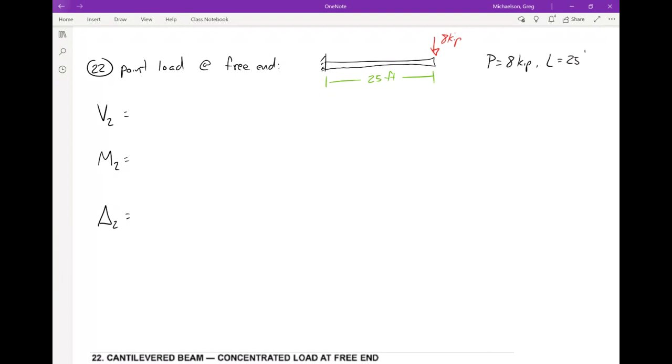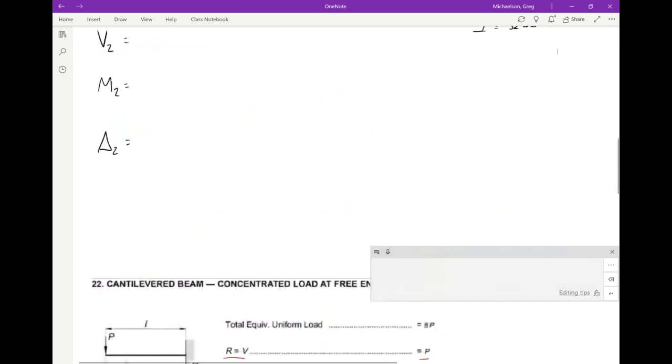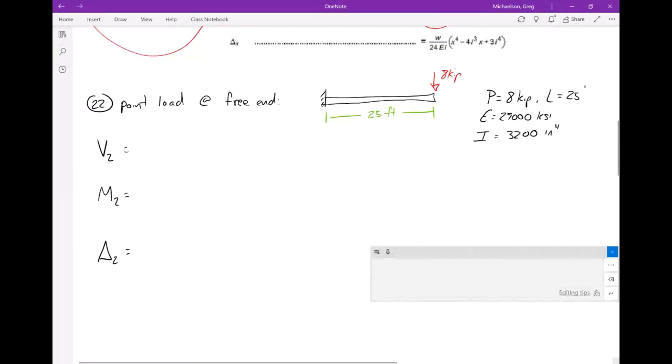L is 25 feet. And don't forget your E is 29,000 ksi. And then I is 3,200. I want to make sure I put the right values. Yep, I did. Sorry, the automatic keyboard keeps wanting to pop up. I'm probably going to have to change some settings to fix that.